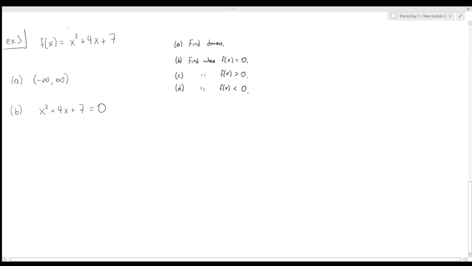So I'll give a quick reminder on the quadratic formula. Whenever you have a quadratic equal to 0 and you're trying to solve for x, the quadratic formula just gives you a formula for what your two solutions are. Negative b plus or minus the square root of b squared minus 4ac all over 2a.